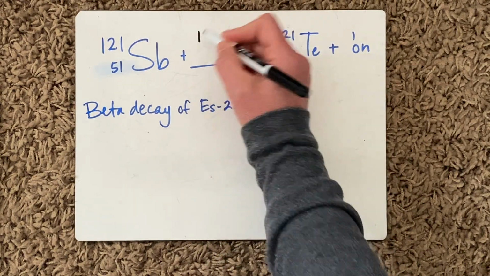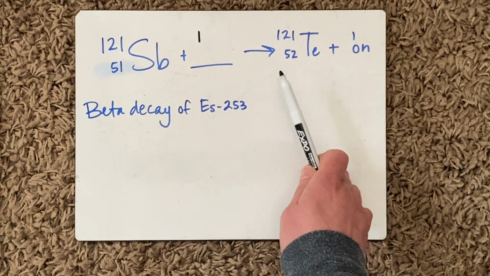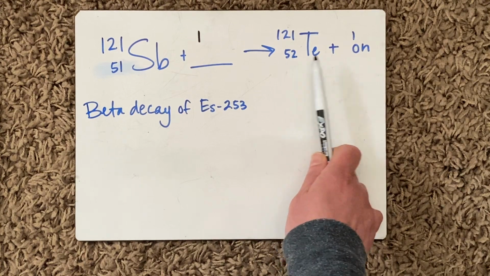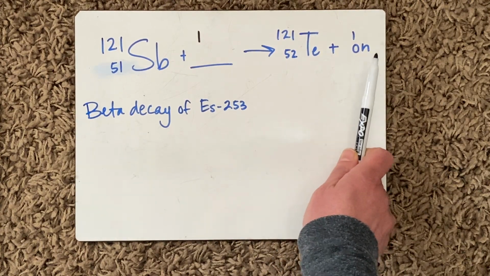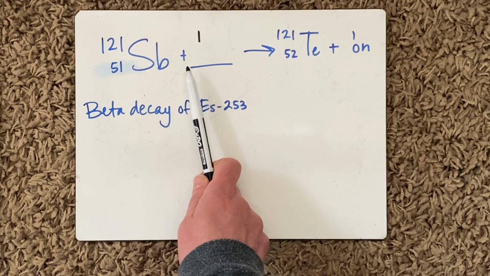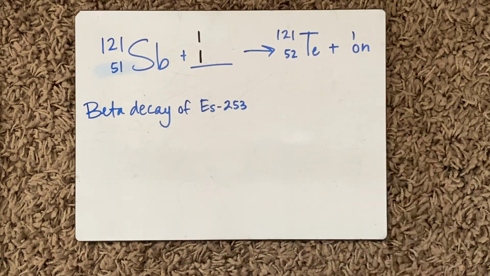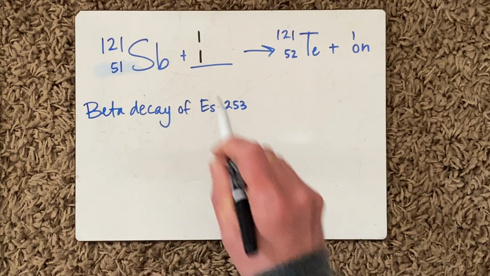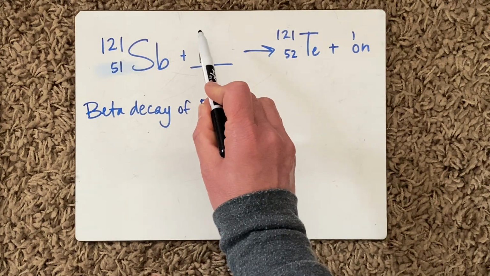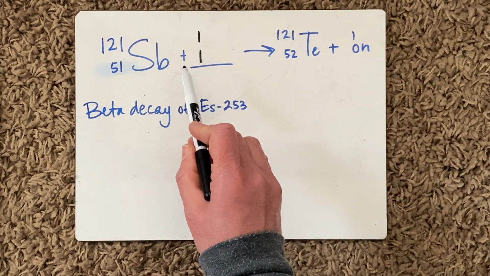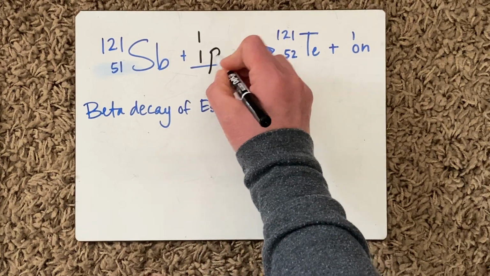That would be 1. Then on your atomic numbers, you've got 52 plus 0. Over here, 51 plus what makes 52? That's another 1. So which particle has a mass of 1 and a charge of 1? That would be a proton, so you would just write a P right there.